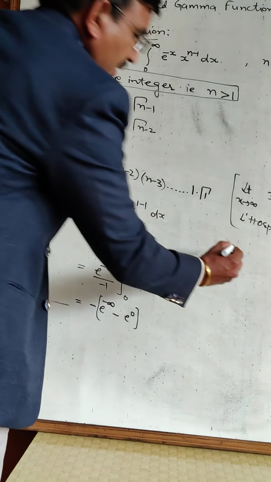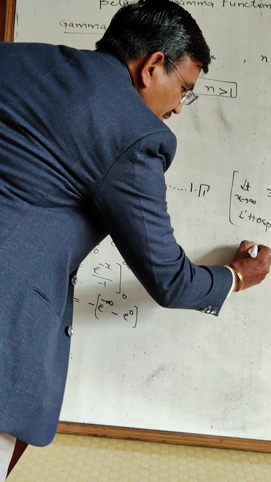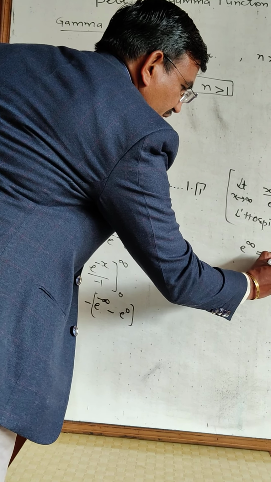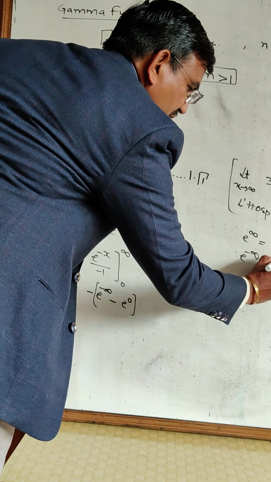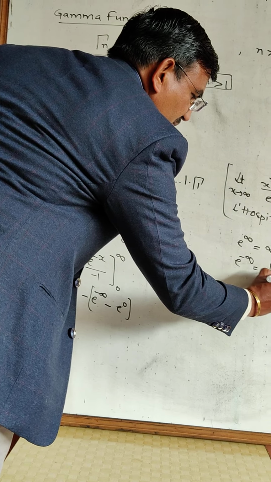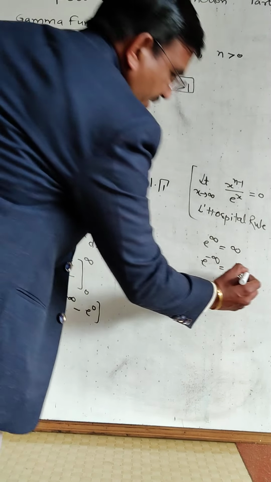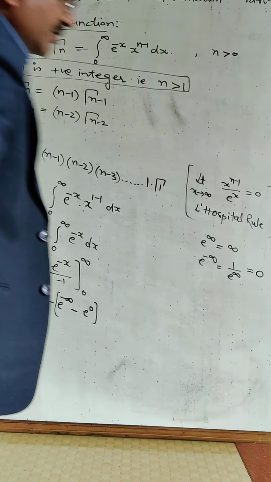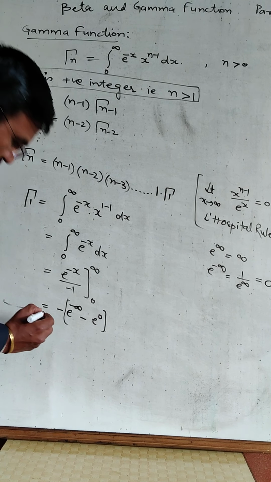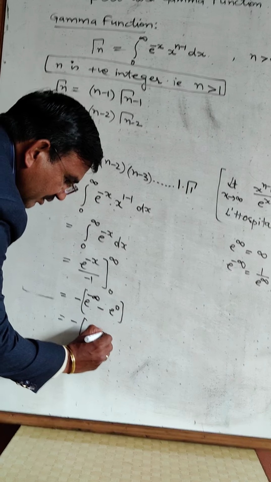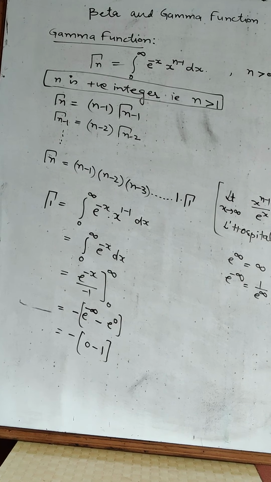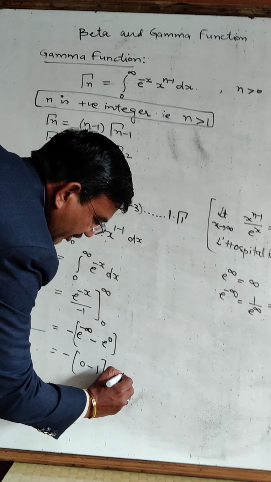We know that e raised to the power infinity is infinity and e raised to the power minus infinity is 1 over e raised to the power infinity, which is equal to 0. So it will become minus 0 minus 1. E raised to the power 0 is 1, and we get it is equal to 1.